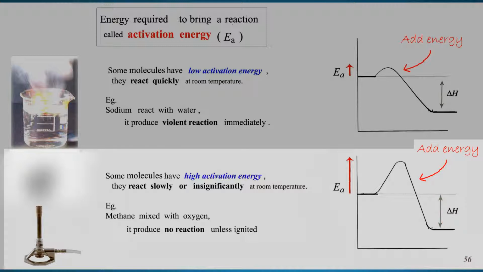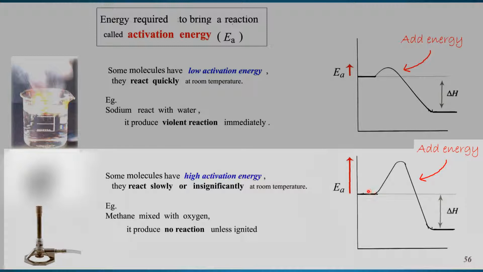Activation energy, on the other hand, is not about how much heat is produced. It asks how much energy you need to add to make this chemical reaction happen. In this case, you need to add a little bit of energy to get over the hump, and the chemical reaction can happen.